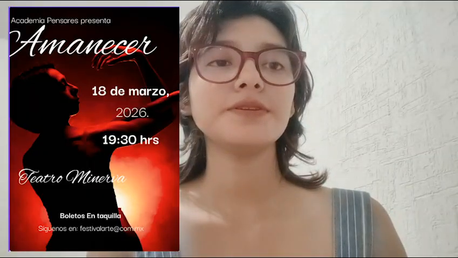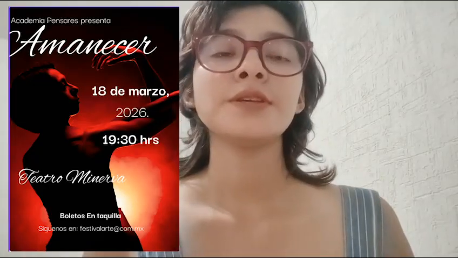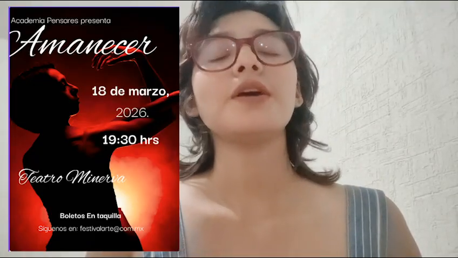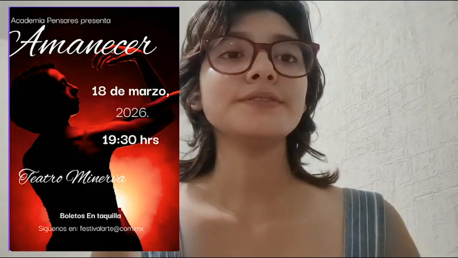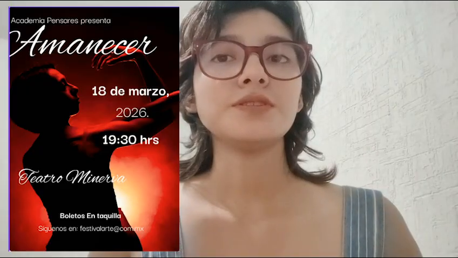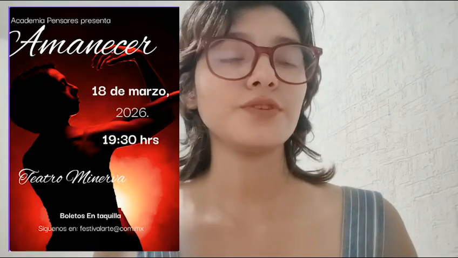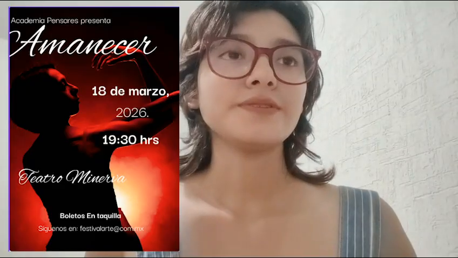In this activity, we reinforce the ability to make posters. In the process of designing my poster, I first thought of the topic I wanted to talk about, which is 18 de marzo, March 18th of the present year.